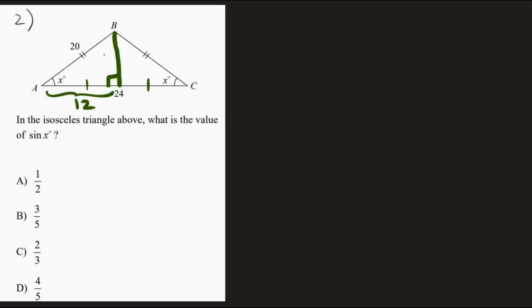We can find this unknown side, which I call BT, with Pythagoras. So BT squared equals the hypotenuse squared, 20 squared, minus 12 squared. With a calculator, we get 256.